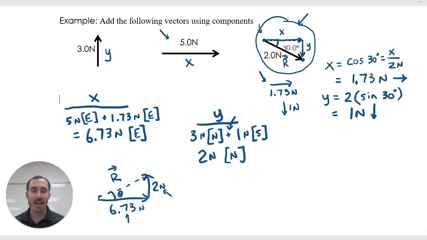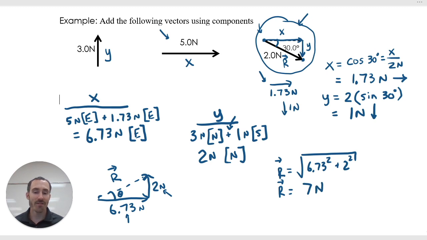If you remember, a squared plus b squared equals c squared. So the resultant is the square root of 6.73 squared plus 2 squared. That's just a squared plus b squared equals c squared and then square rooted. So the resultant we get is 7 newtons.